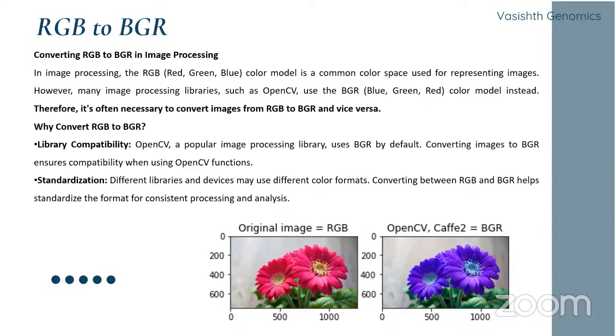So the RGB color model is a common color space used for representing images. However, many image processing libraries such as OpenCV use a BGR color model instead. Therefore, it is often necessary to convert from RGB to BGR and vice versa. Why do you need to convert? Because it depends again on your work.